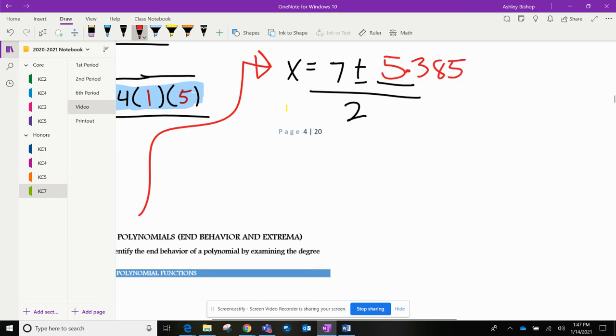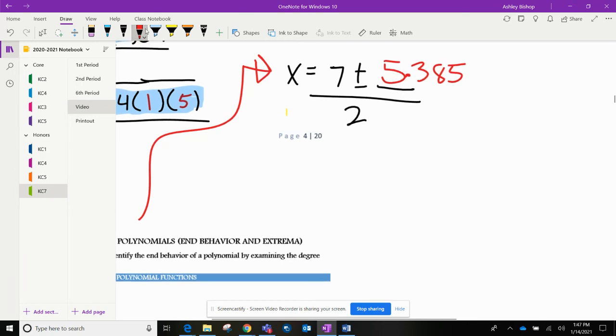Okay. And then I am going to continue to clean up. Now, remember, I want 2 answers. So right now I only have 1 answer, and I'm going to show you. I have x equals 7 plus or minus 5. So this means we can separate this.